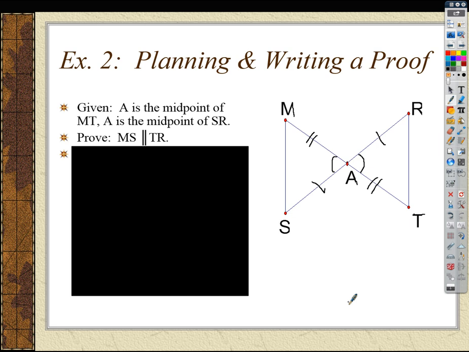CPCTC will give us that angle MSA and angle RTA are congruent, and then from that we can use the alternate interior angle converse.